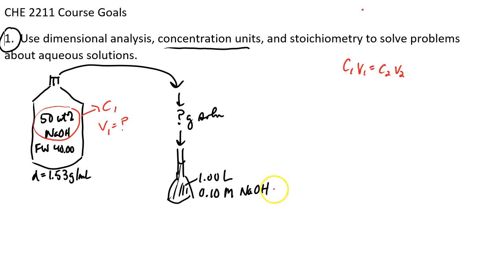And then you might want to call this C2 and this V2. I've seen students do it that way, and that's fine, but it is a little bit more work. I chose to do it differently.